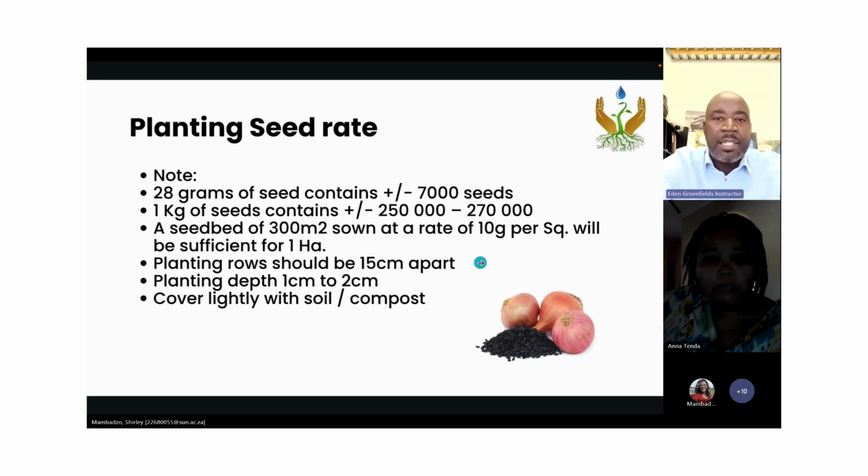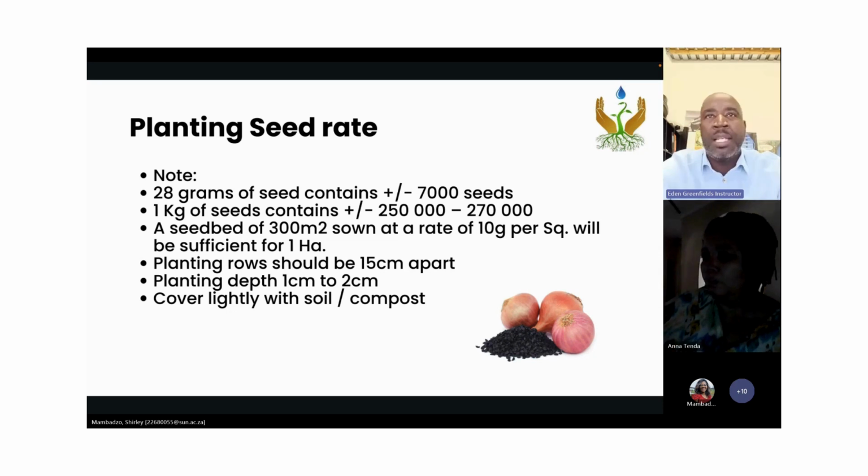The planting depth should be between 1 centimeter and 2 centimeters. After you have done that, you lightly cover the beds, mostly we recommend compost, right? You don't need to dig too deep when you are planting your seeds, because that will make them take a long time to germinate.